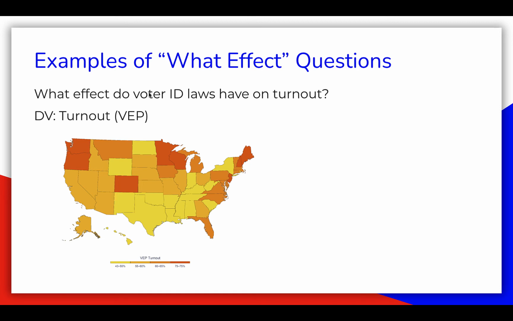Really, there is not a huge difference in the idea of a why versus a what effect question. It's more if you already have a sense of what you want to investigate for both your independent and dependent variable. But if you're coming to a puzzle of variation without any preconceived notions about what you think causes that, then you can go with a why question.